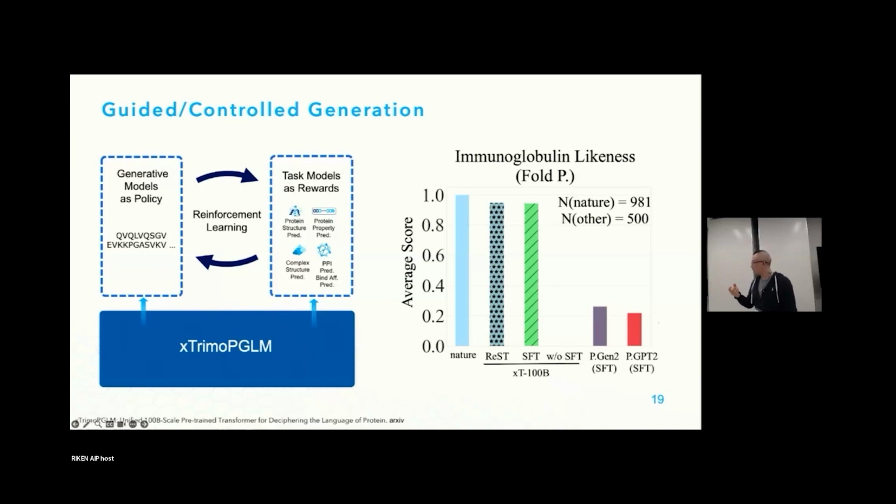Here, you can use this model as your reward function to fine-tune your sequence generation model towards the high-reward region. There are methods like ReST and other types of reinforcement learning that you can use to fine-tune your generation model towards a particular property. Yeah, there are multiple ways.